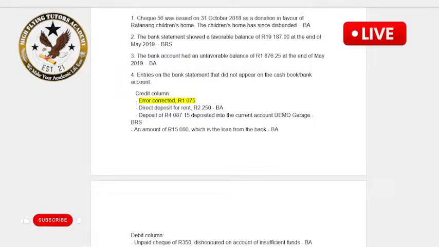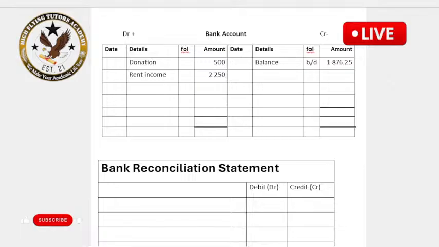So it means we have received a loan. So you can go to your answer sheet right there and say loan received, because you are not paying a loan here, you are receiving the loan, you borrowed money, and when you receive it, it means there will be a favorable or positive amount coming into your bank from the loan. So 15,000 right there.